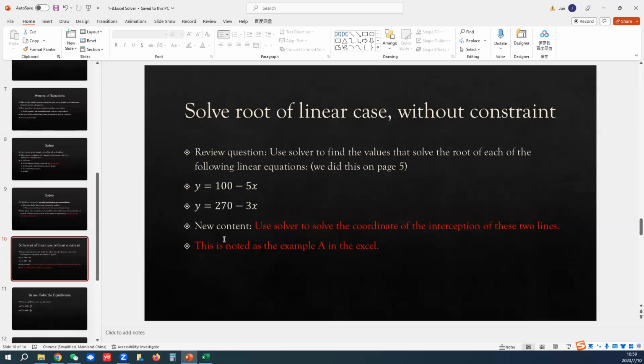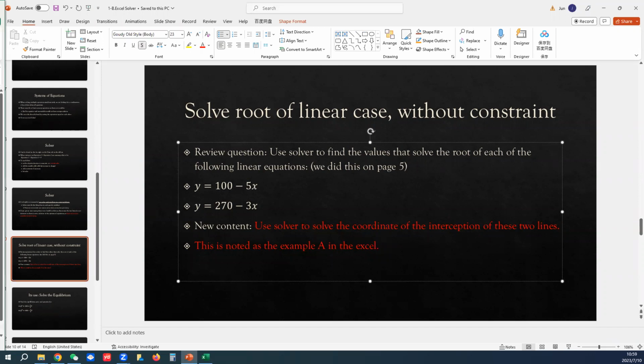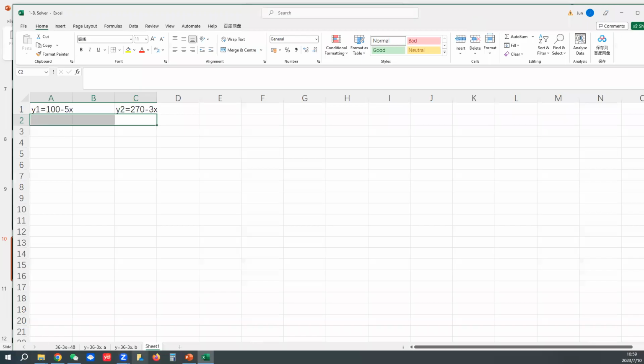And what we are to do here as a new thing is to solve for the coordinates of the intersection point of these 2 lines. Okay, and here it is noted as example A of system of equations.